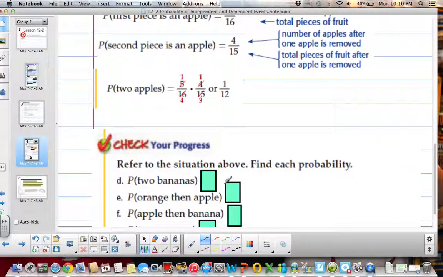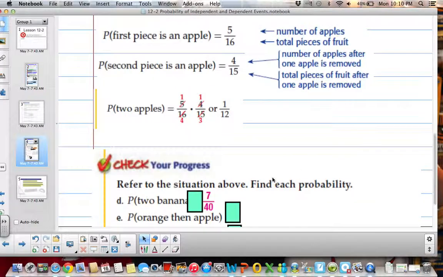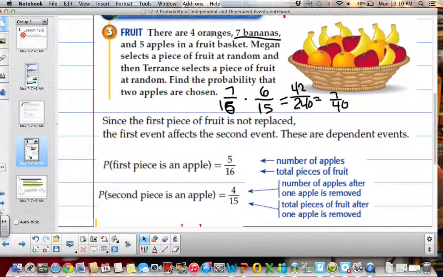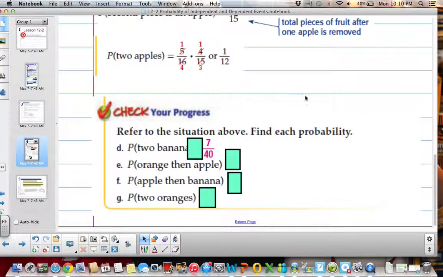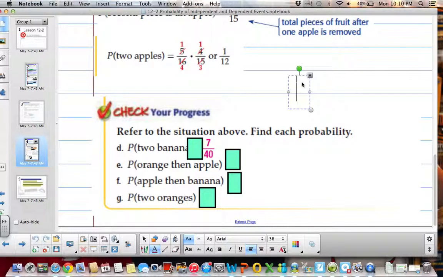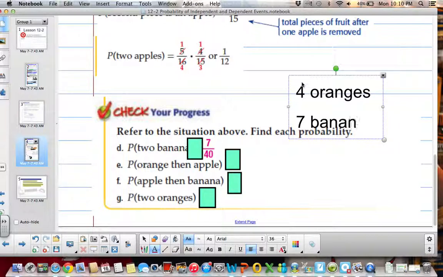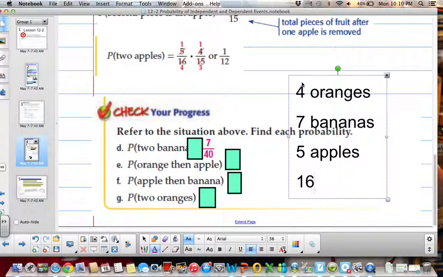Okay, and then if we check, we have 7/40. The probability of an orange and then an apple. So there's 4 oranges and 5 apples. So I'm going to rewrite this right here. 4 oranges, 7 bananas, 5 apples, 16 total pieces.